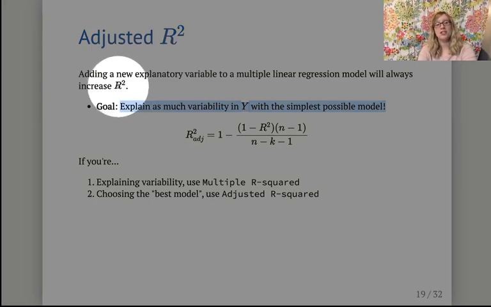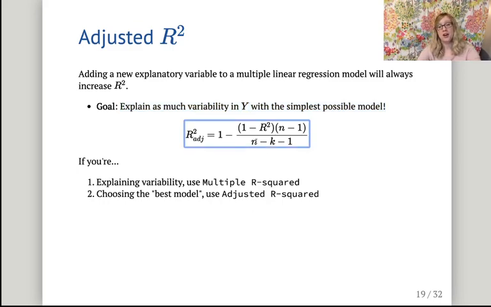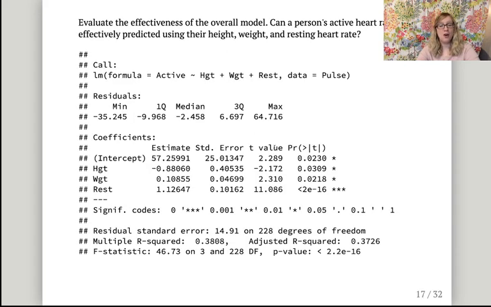It never decreases. So what we end up doing is adjusting this R-squared, and we adjust it downward based on the number of observations in the model, n, and the number of variables in the model, here represented with a k. That's why if you look at the output, there are actually two R-squareds.